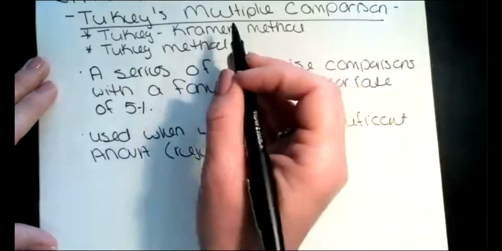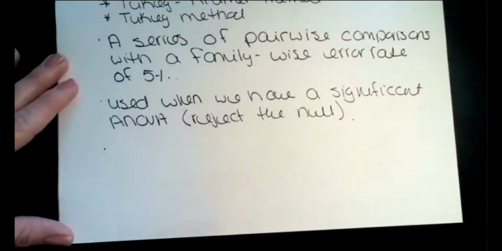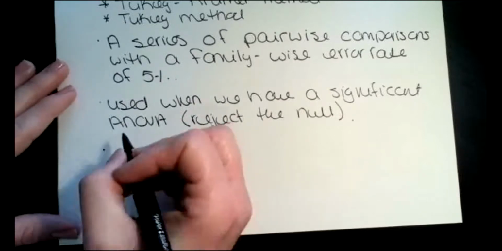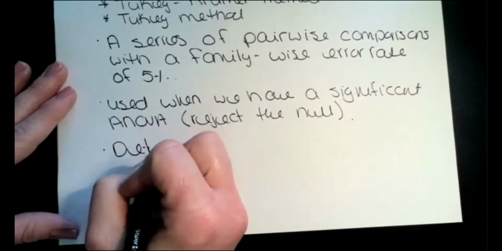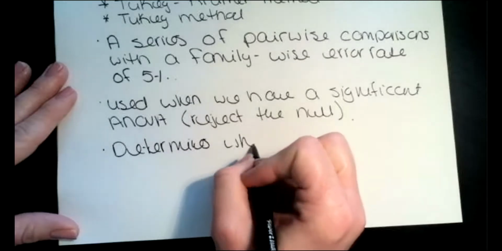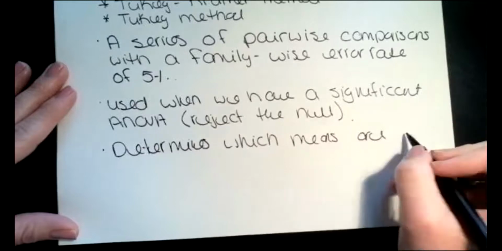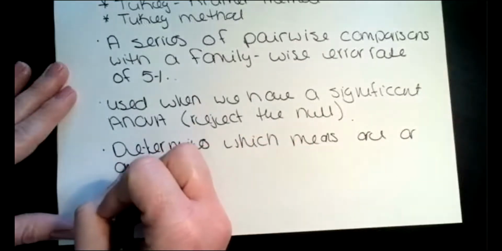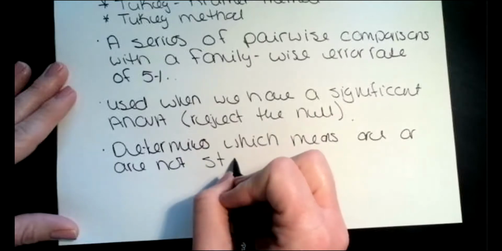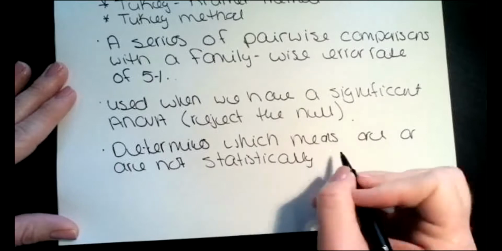And then I'm going to run the Tukey's to see what is different, right? So it's almost like a follow-up, right? We can call it a follow-up if we want. So it determines which means are or are not what we call statistically different.